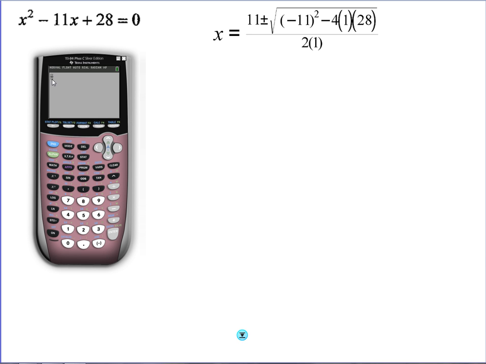I will blow it up and pull it on the screen. If you set yourself up as a fraction, all you have to do is the sub in part on your paper, then you can type in everything else. Okay, so alpha y equals, then I can type in 11. Now, I can't do plus or minus, so I'm just going to go through once with a plus.